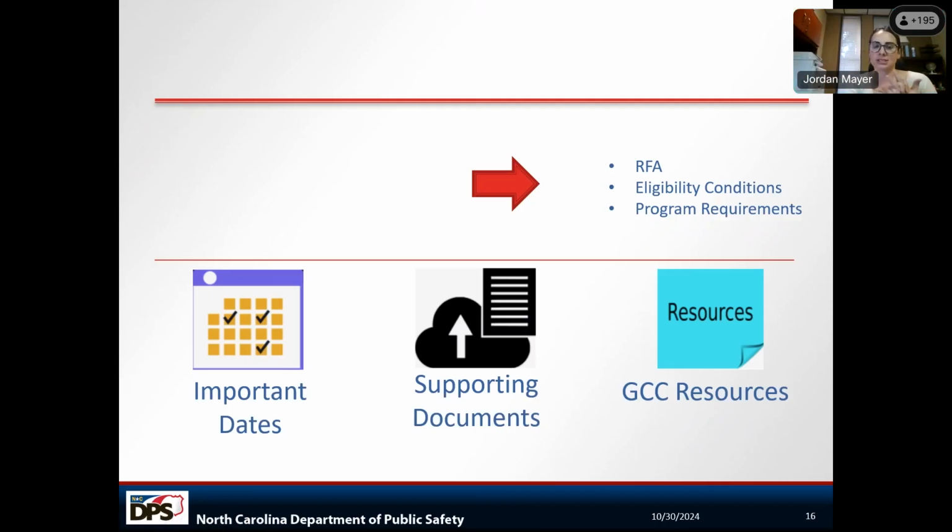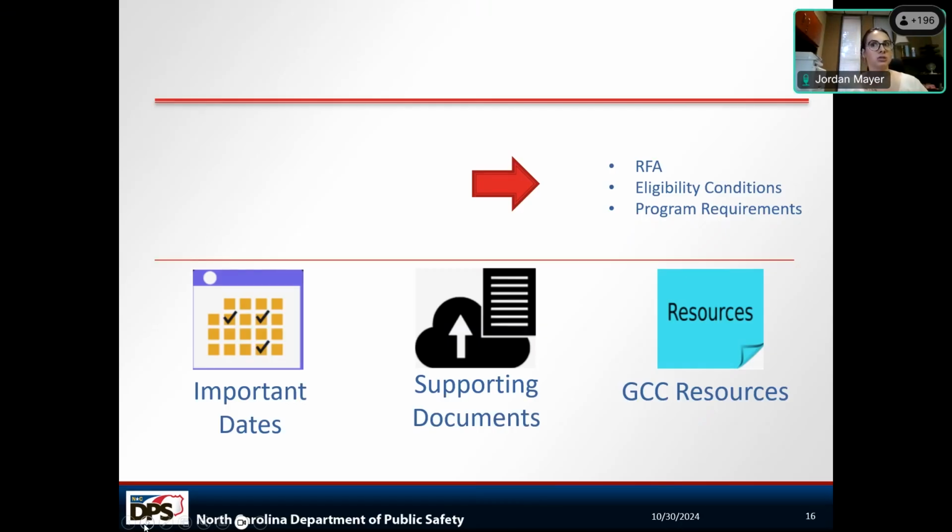And then lastly, this is just a slide that demonstrates many of the things that you can find on the GCC website. So any important dates, you will need to make sure to go to the website and make sure you have all of those on your calendar. The RFA will be listed there, as well as the eligibility conditions for the funding source that you are applying for, as well as any program requirements.